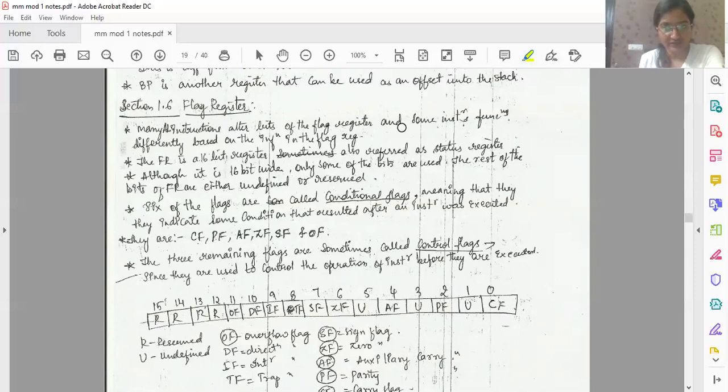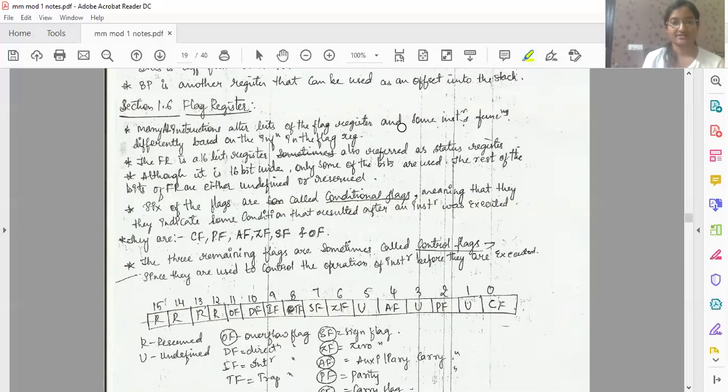In 8085 also, though it was 8-bit in size, only a few flags were active and a few spaces were undefined and reserved. Similarly here, the entire 16 bits of the flag register have not been used. A few are undefined, or we can say they are reserved, right?